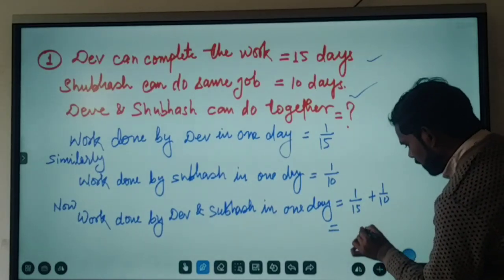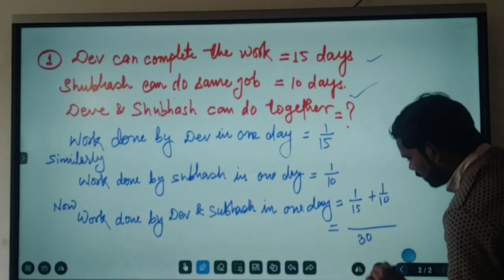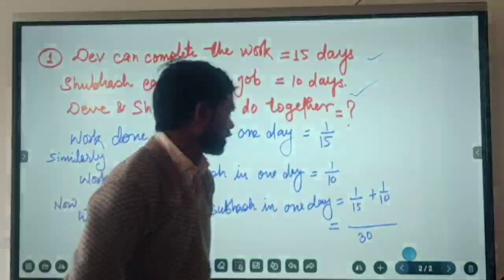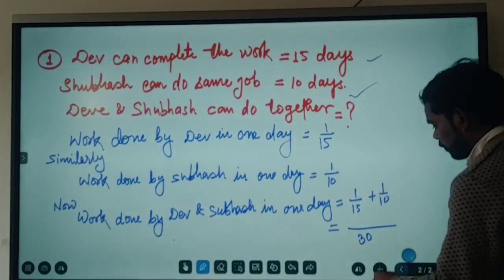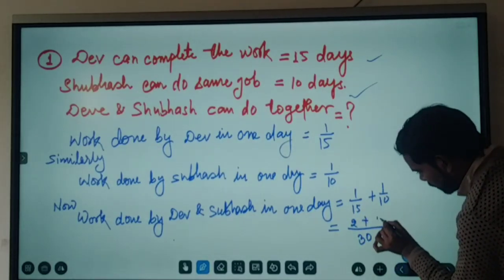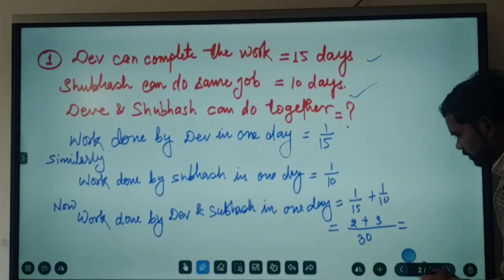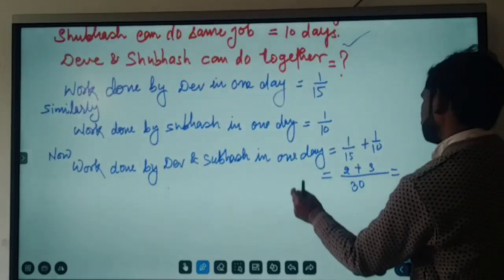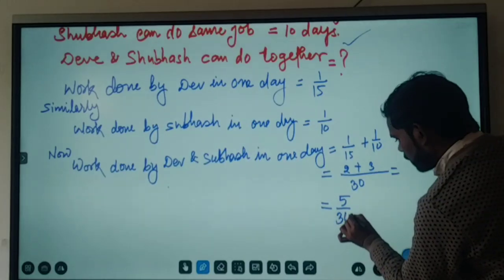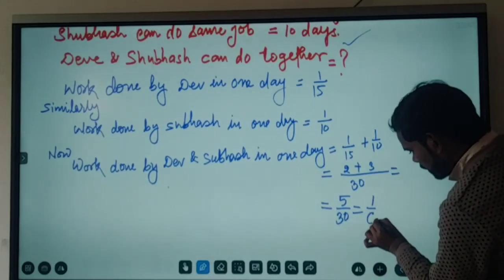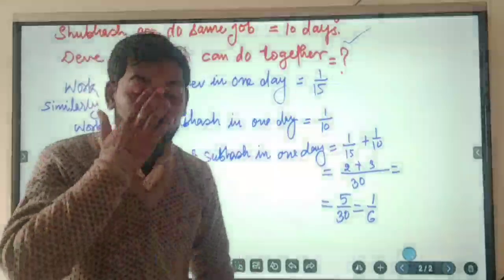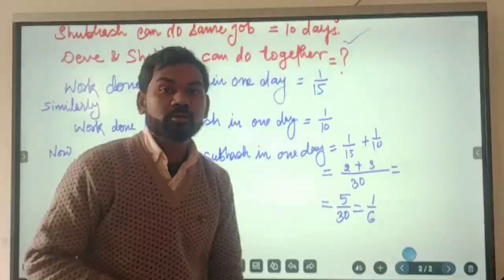The LCM of 15 and 10 is 30. 15 goes into 30 two times, and 10 goes into 30 three times. So here we get 5 upon 30, which equals 1 upon 6 on simplification. So 1 upon 6 represents the work done by Dev and Subhas in one day.